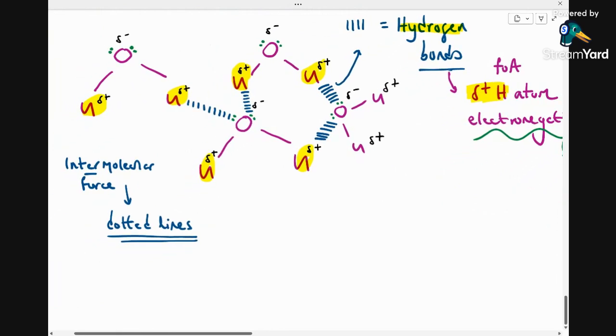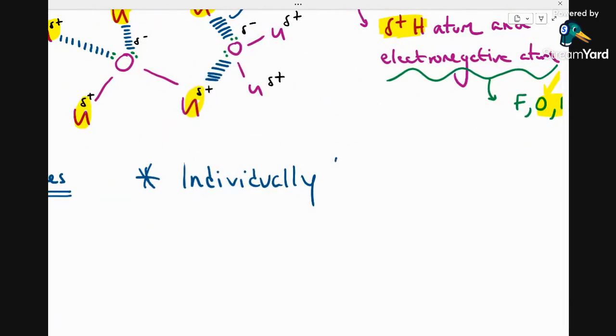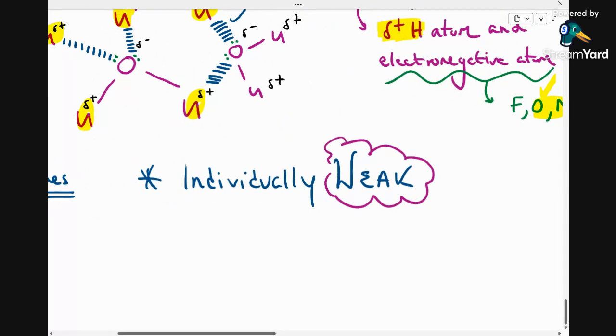The importance of these hydrogen bonds is as follows. This is an absolutely critical point, is that individually, they are incredibly weak. They are intermolecular forces. They're not covalent bonds. They're not even ionic bonds. They are weak bonds formed from delta positives and delta negatives, little partial charges in polar covalent bonds.